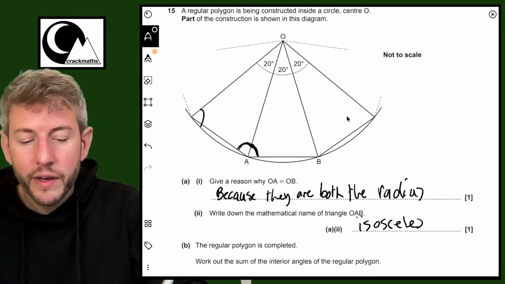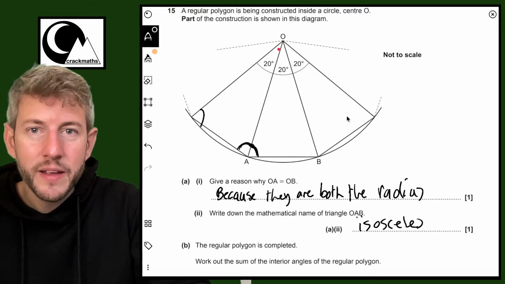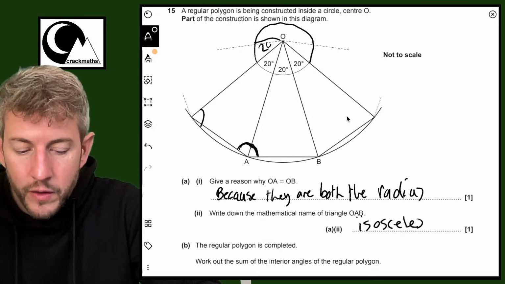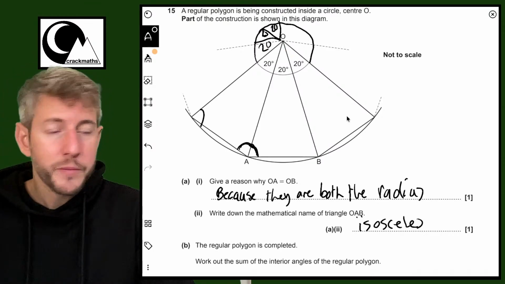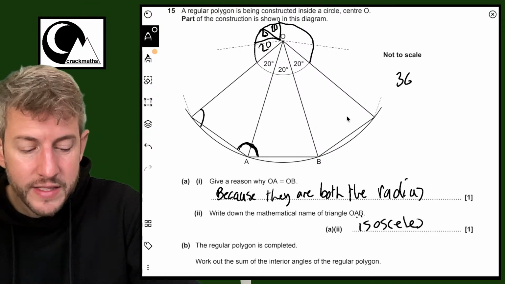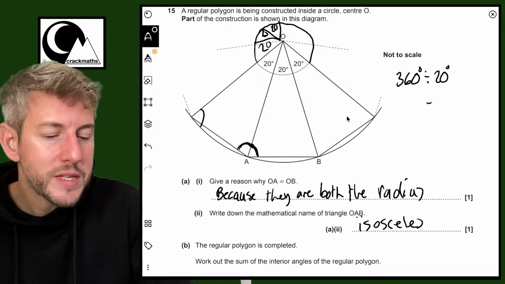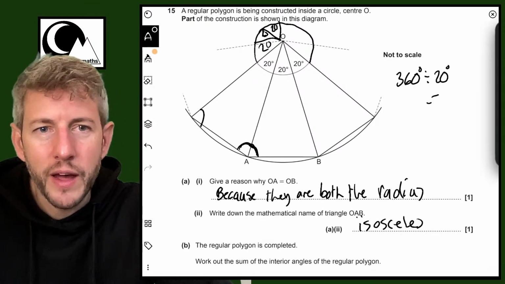And then, if we know that each of these angles is 20, we've got to work out how many lots of 20 will complete the circle as 360 degrees. So let's start off by doing that bit first. If we do 360 degrees divided by 20 degrees, that will tell us how many of these triangles there are.